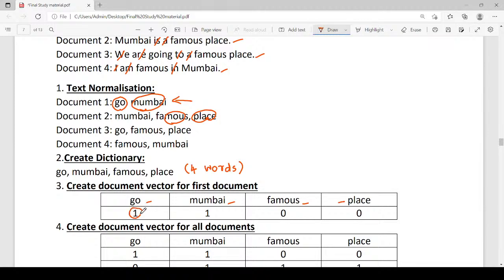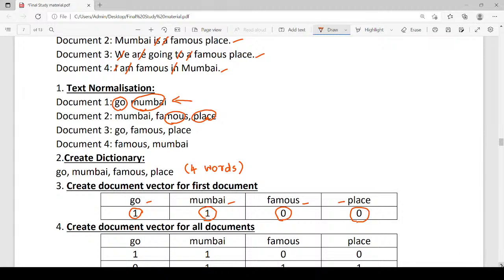So I'm writing 1 for this. If you have more than one occurrence, keep on adding the number of times. So this becomes 1 plus 1 or plus 1, and so on. I don't find the occurrence of the words famous and place here. So I'm writing 0.